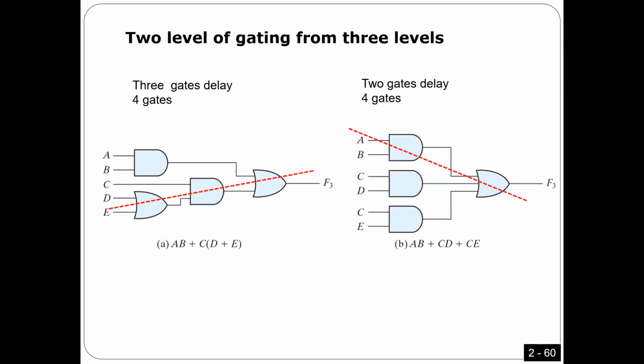For example, if I compare these two circuits, which one is faster? I want you to understand this concept because it's still important, okay? This is what we call a critical path. In order to get the result here, I have to see what the longest path is, not the shortest one.